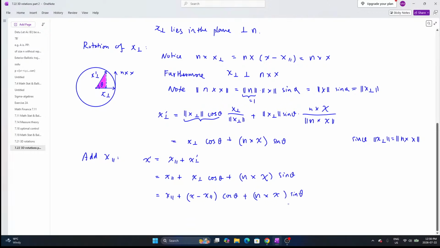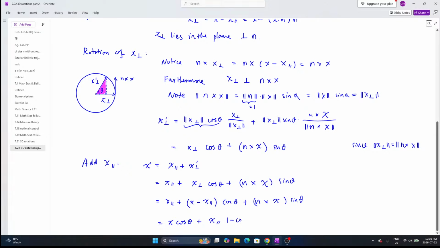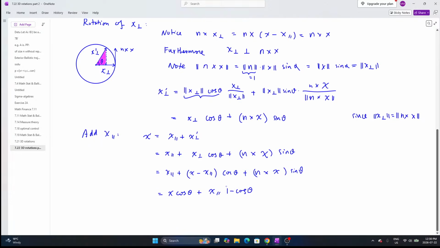Okay. And you can expand this. Basically, we wish to collect x parallel, so you get x times cosine of theta plus x parallel times 1 minus cosine of theta. And the last term remains unchanged for now. Okay. So, what else? Oh, the expression of x parallel is needed.